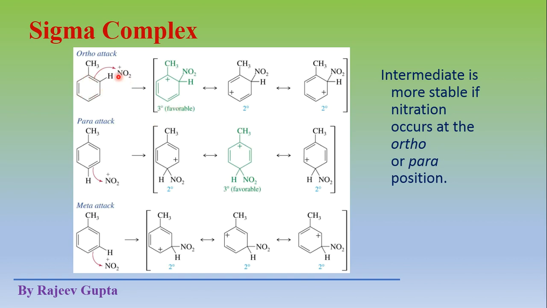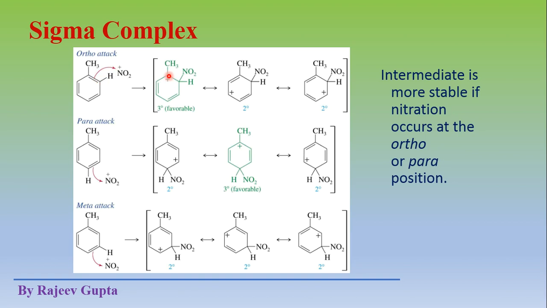See, there are three types of positions available: ortho, meta, para. Suppose in this first case this nitronium ion adds on this ortho position, so we can show these pi electron movements like this, and positive charge comes on this carbon atom or on this ipso position.